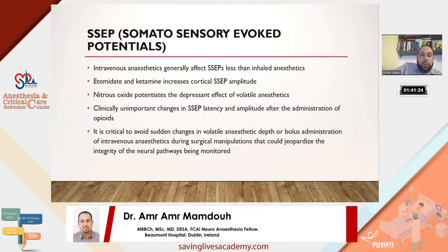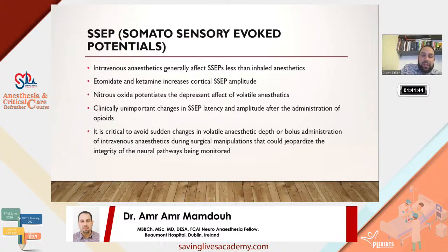If we're still talking about the somatosensory, the intravenous agents are generally affecting the somatosensory, but far less. Ketamine and etomidate increase the cortical somatosensory amplitude, while nitrous oxide.